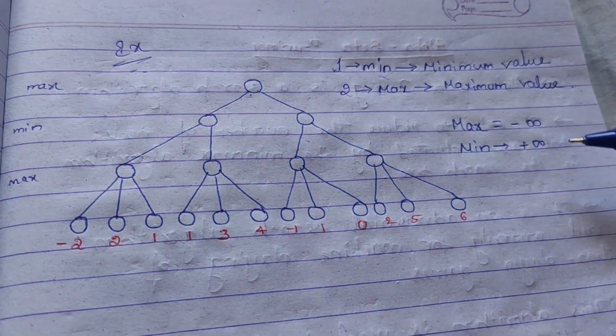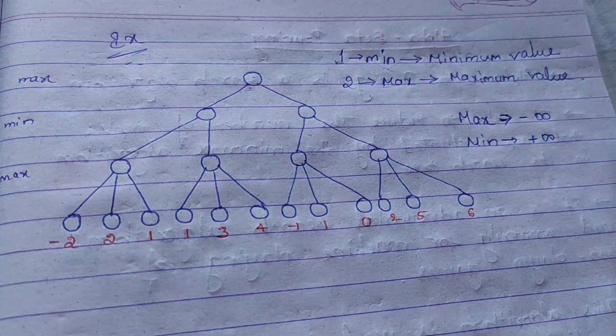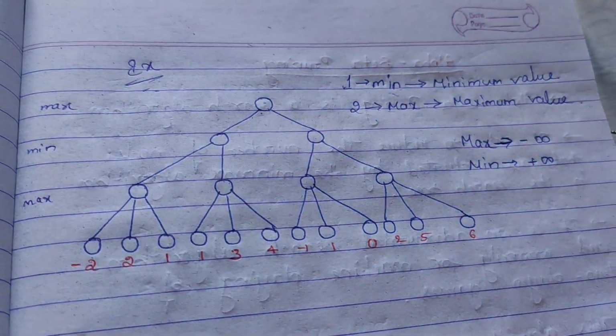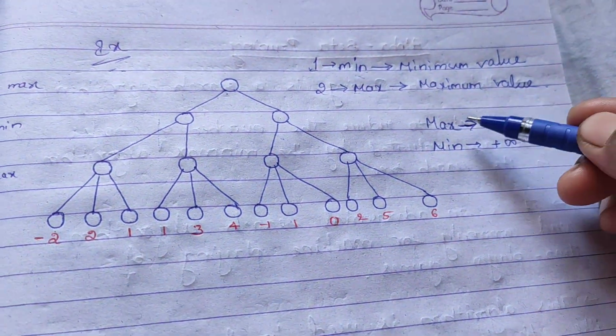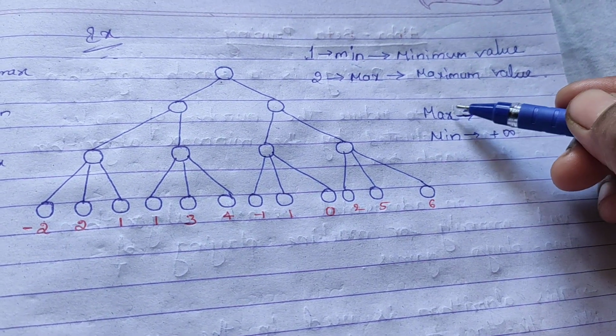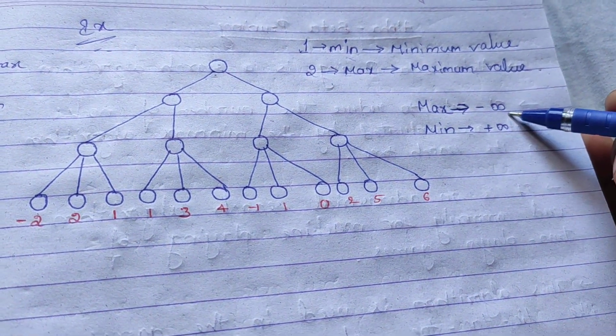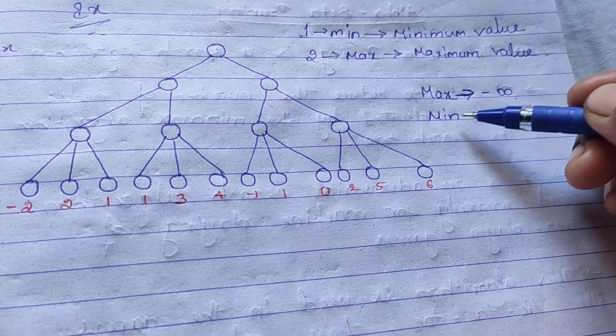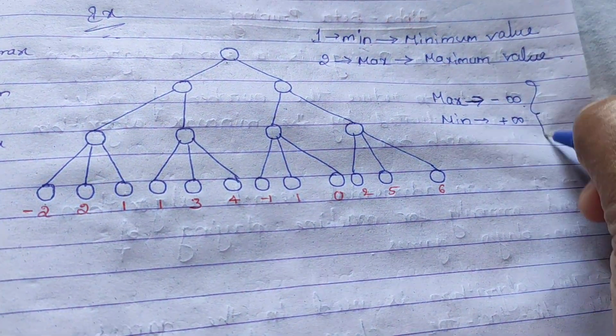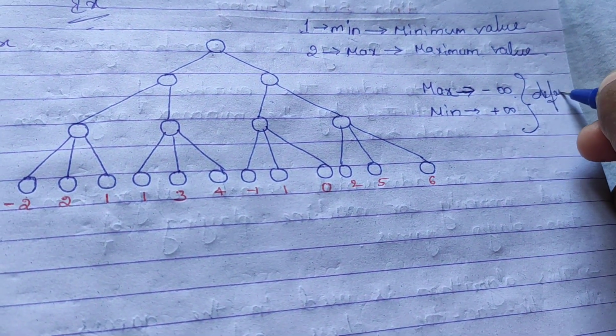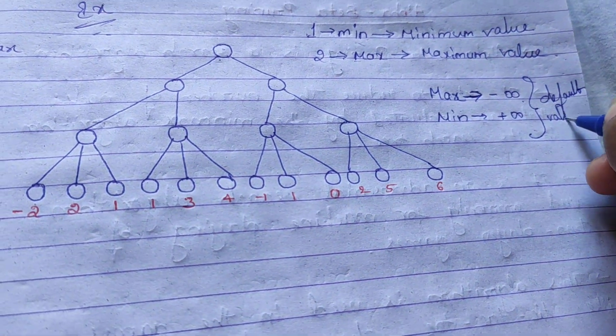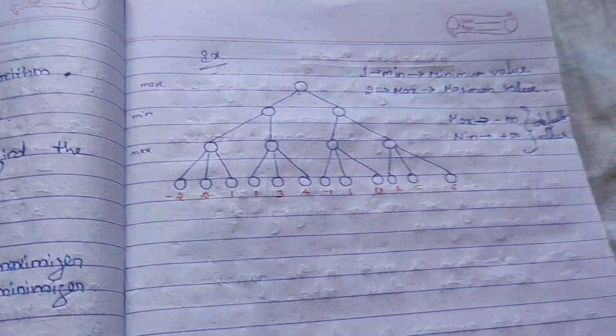Maximum is minus infinity, minimum is plus infinity. Always the default value of maximum is minus infinity, the default value of minimum is plus infinity. These are the default values.